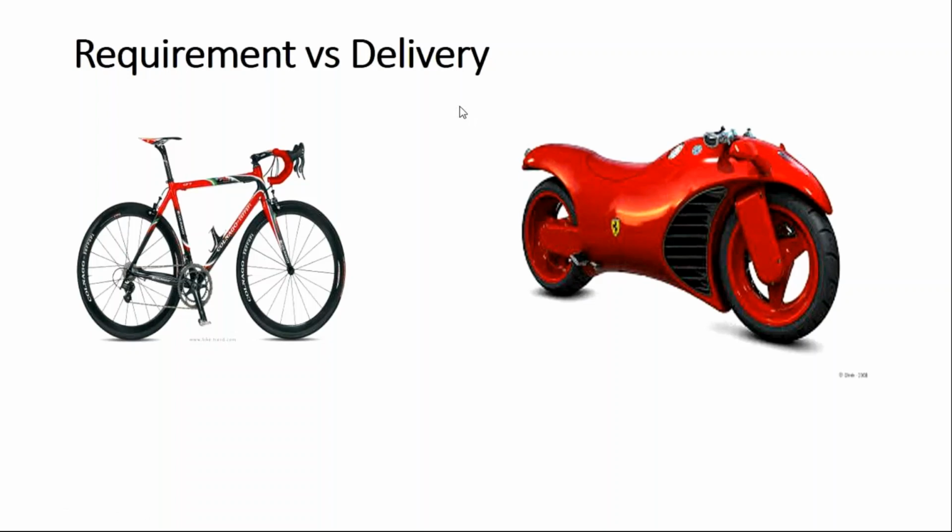So if you see this figure, they have two wheels in the bicycle, but we also have two wheels in the bike. But how the requirement was explained and how this was interpreted, it was different. As a result, the delivery has faltered. Now, instead of the bicycle, the delivery team is offering a motorbike.